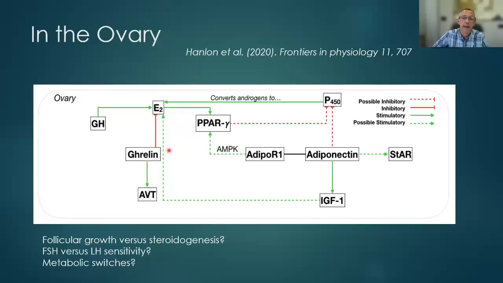If we look at the center of all that, what do we have again? We've got adiponectin and another receptor, adipo-R1. So here we can really see that adiponectin right now is one of our primary candidates as a potential mediator of metabolic status coming from the adipose tissue that can impact the hypothalamus and the control of reproduction, but can also impact the ovary and the development and function of those growing follicles.